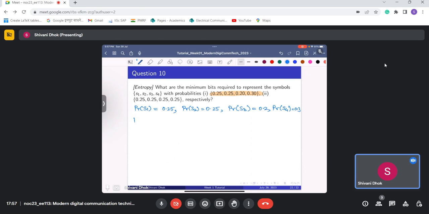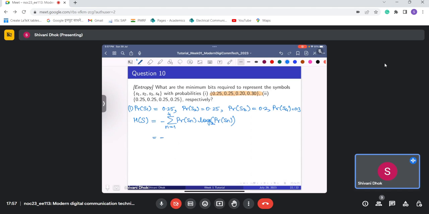So using this formula, H(S) is minus summation n equal to 1 to 4 probability of Sn into log to the base 2 probability of Sn.